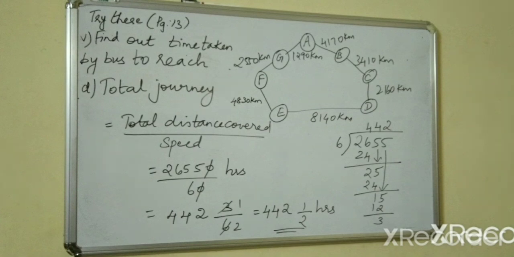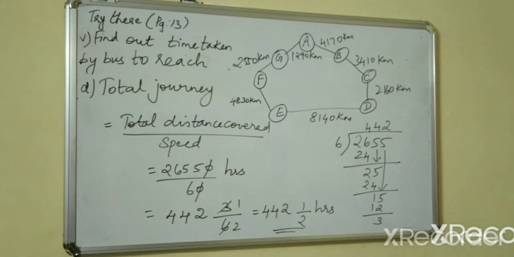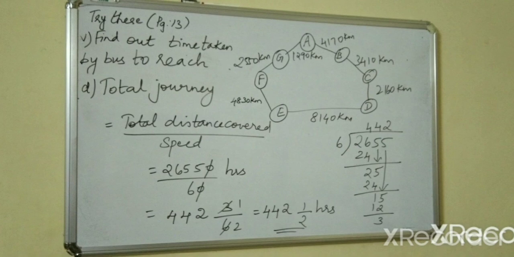So 0 can be cancelled and we have to divide 2655 by 6. Dividing both we get 442 as our quotient. So 442, 3 by 6. Remainder divided by 6. And 3 and 6 we can make into simplest form by dividing by 3. So 3 1s are 3, 3 2s are 6. So it is 442 1 by 2 hours.